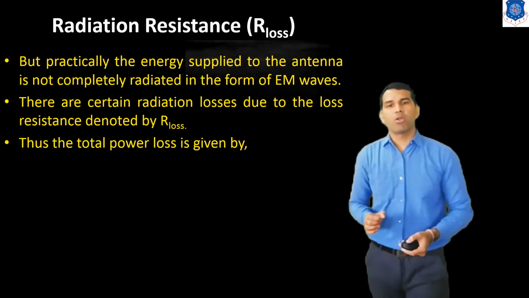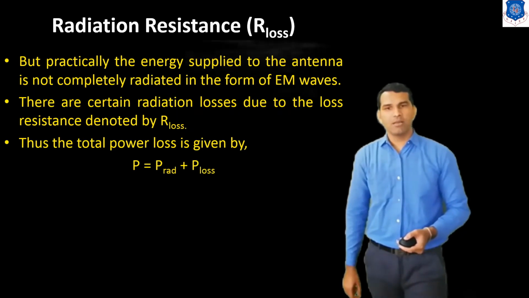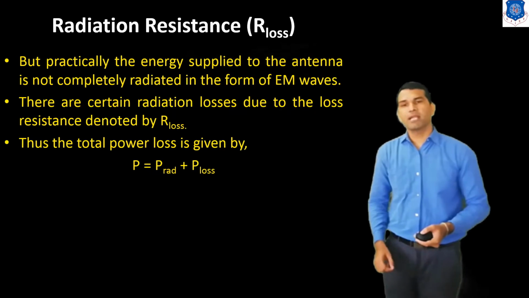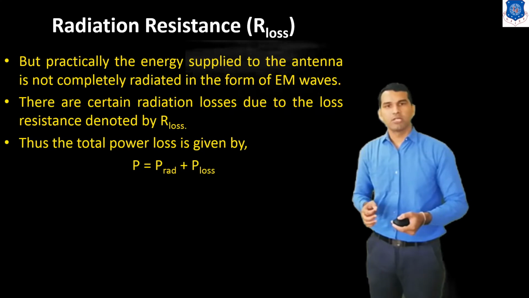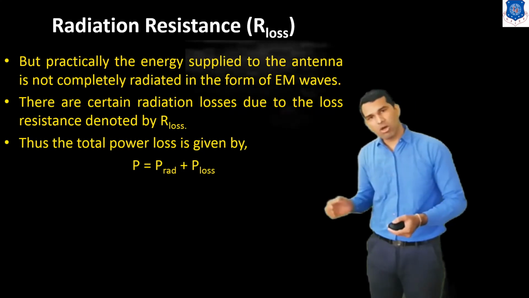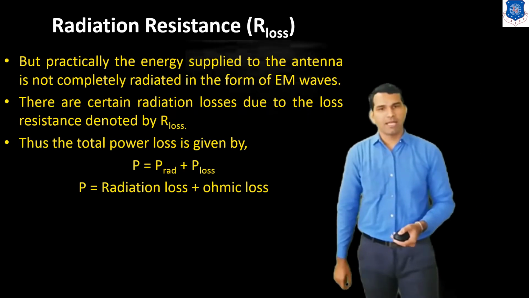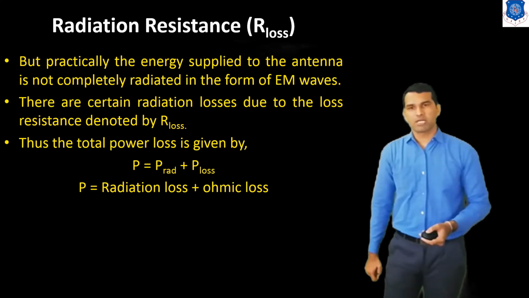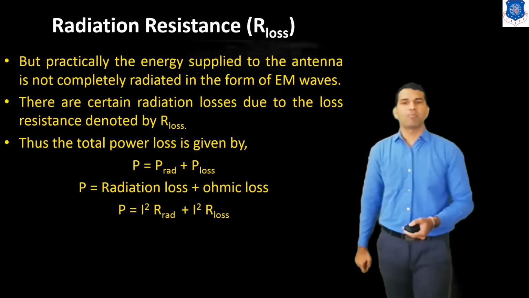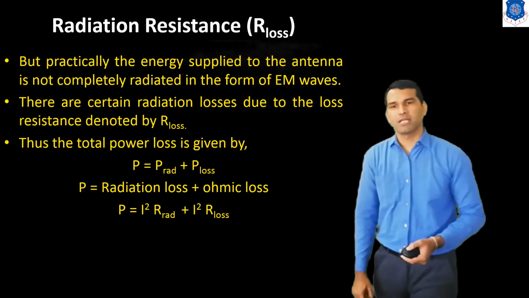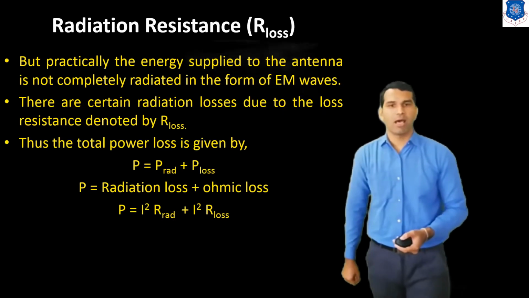Thus, the total power is given by P is equal to P radiate plus P loss. The total power is the radiation power plus the ohmic loss. The radiated power we can write as I square R radiate, and the ohmic loss as I square R loss.